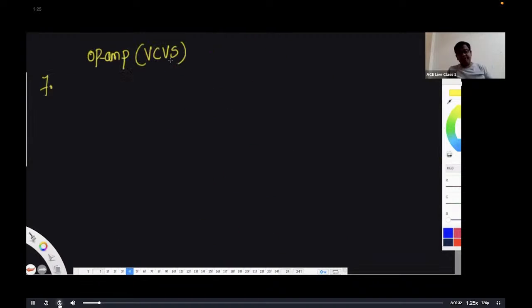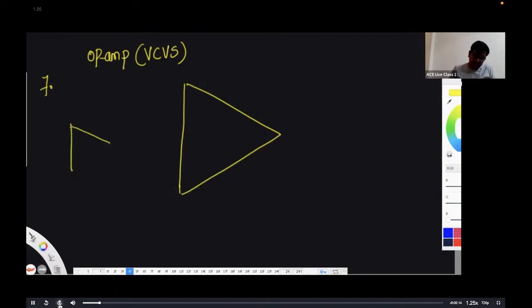This is a voltage controlled voltage source. So this is an op-amp. If you want an equivalent model, then you can have RID here. This is plus and minus terminal.